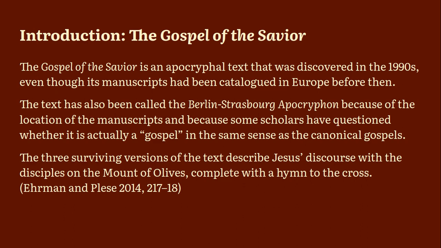This text has also been called the Berlin-Strasbourg Apocryphon because of the location of the manuscripts, and because some scholars in recent years have questioned whether it is actually a gospel at all in the same sense as the canonical Gospels. The three surviving versions of this text include Jesus' discourse with the disciples on the Mount of Olives, and it is complete with a hymn to the cross, and that's actually the distinctive part of this Gospel of the Savior.